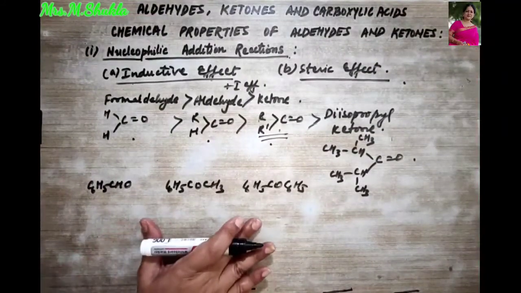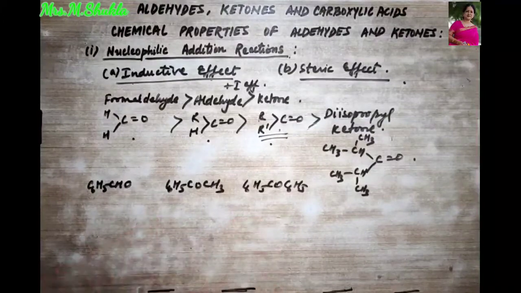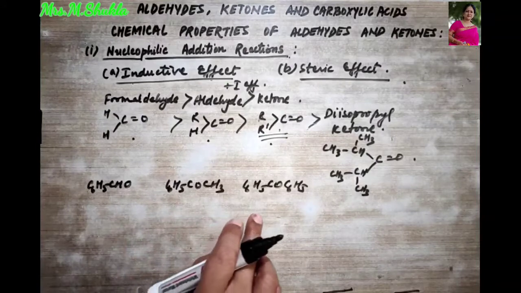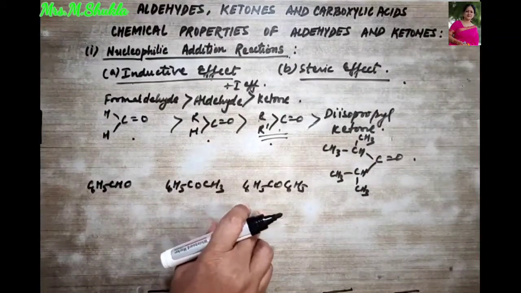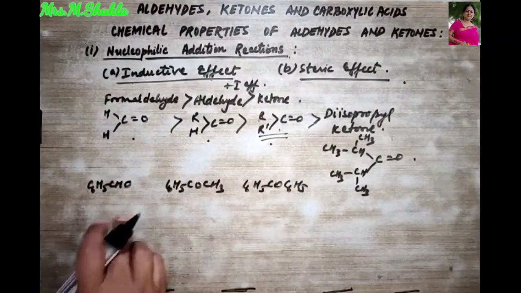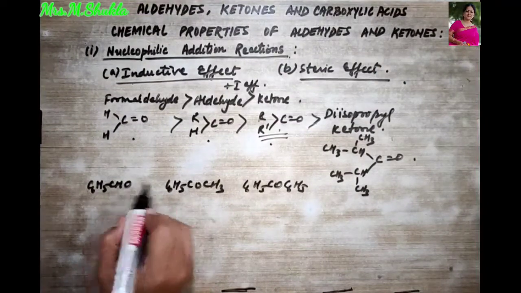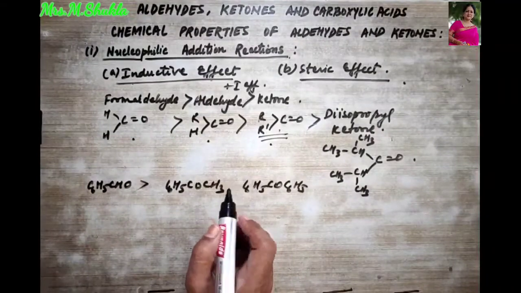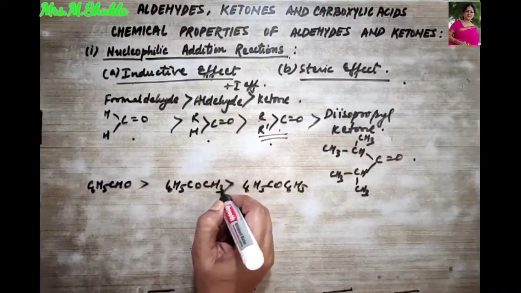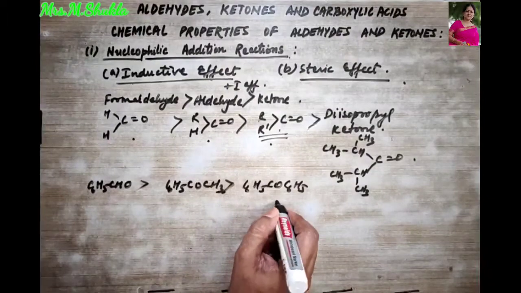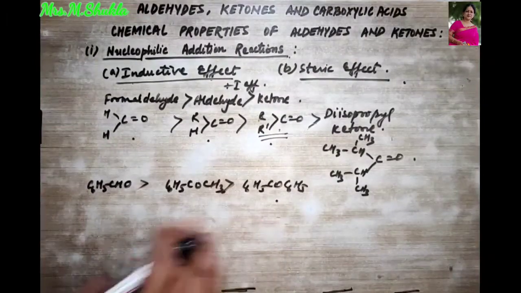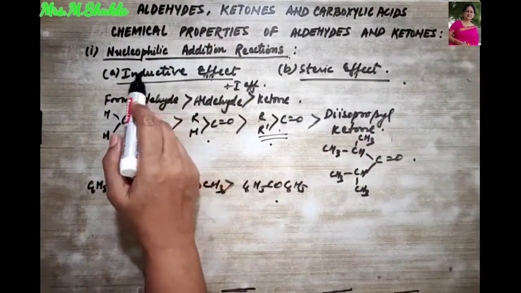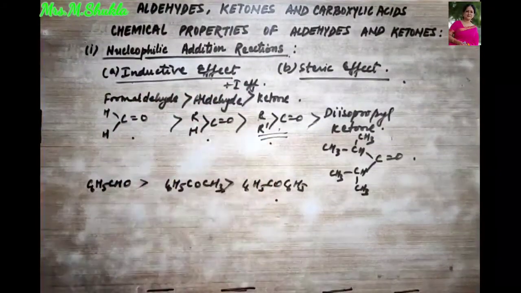Among these, the aromatic aldehydes are more reactive than alkyl aryl ketones, which in turn are more reactive than the diaryl ketones. So benzaldehyde will be more reactive than acetophenone, and acetophenone will be more reactive than benzophenone, right? Now let us talk about some more important reactions which are based on nucleophilic addition reaction.